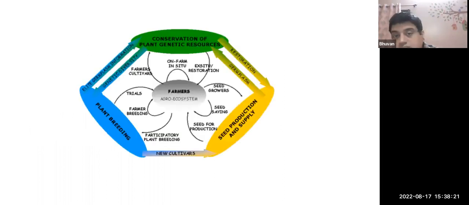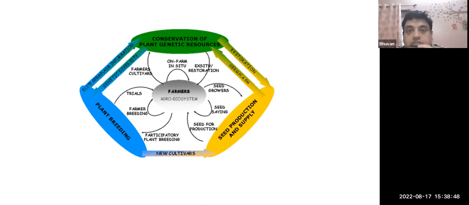So this diagram shows how the conservation of plant genetic resources, seed production and supply, and plant breeding are interrelated with each other, and how they play a major role in management of the agro ecosystem. This diagram clearly indicates that. For example, first we can talk about the conservation of plant genetic resources.